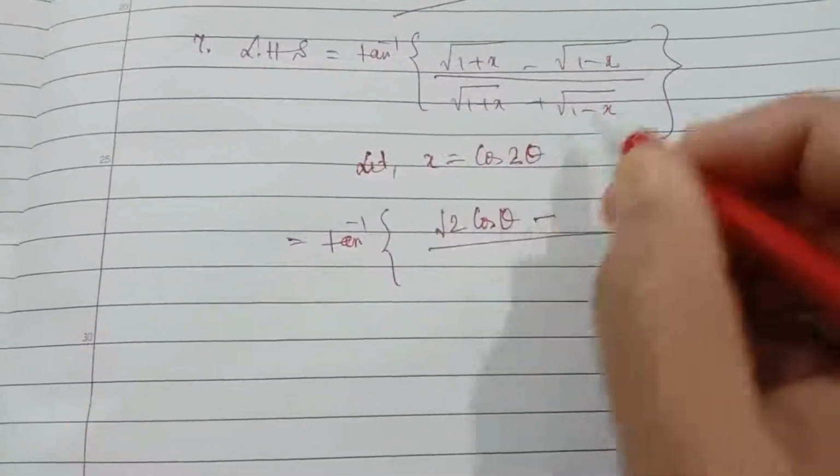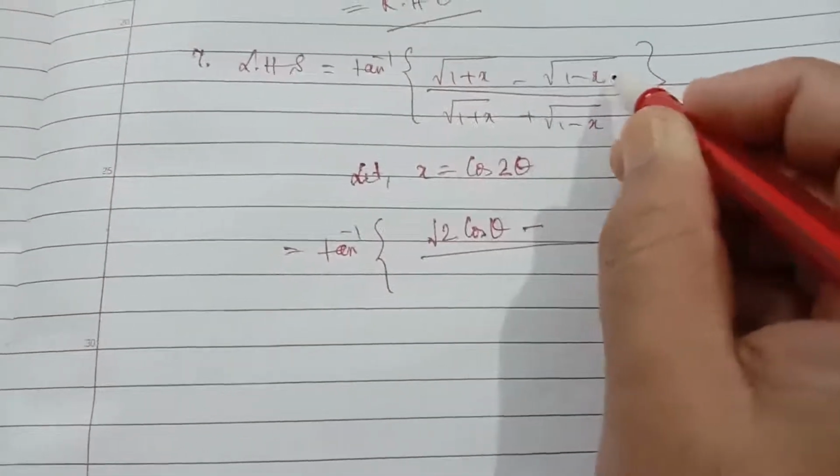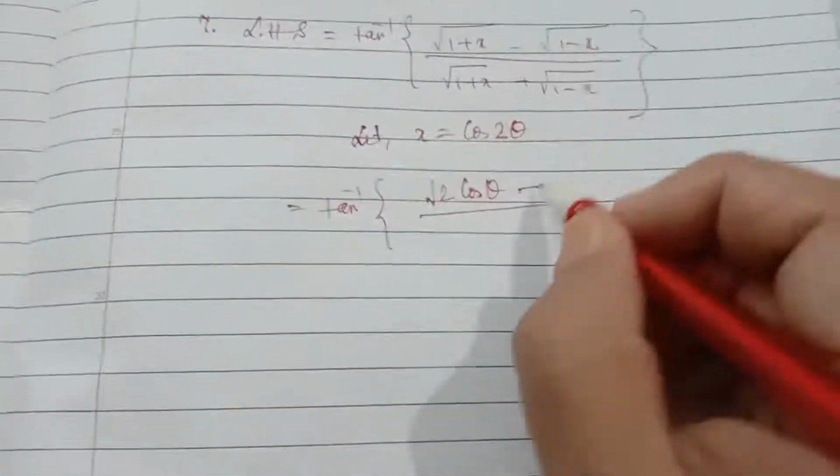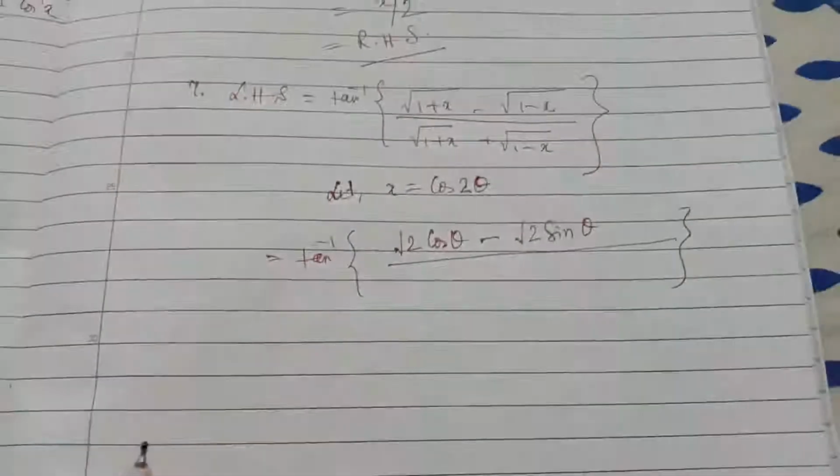Similarly, 1 minus cos 2 theta is 2 sin square theta, and root over 2 sin square theta is root 2 sin theta.